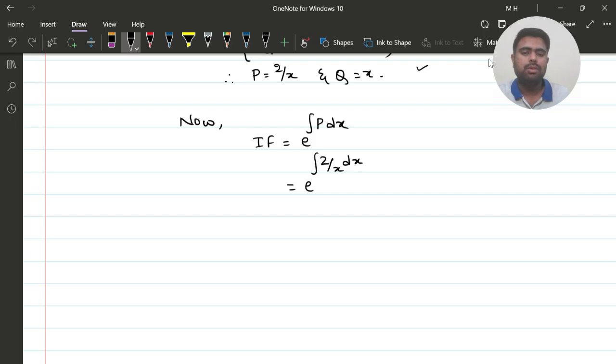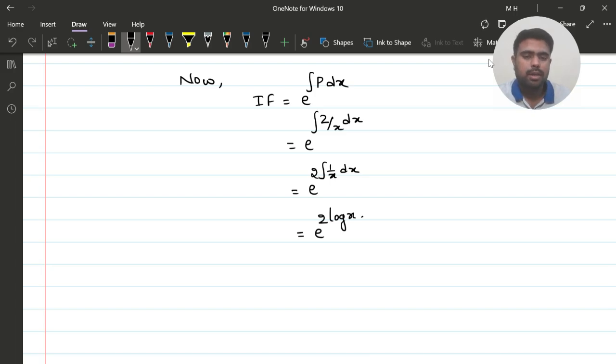So this will give you e raised to 2, taking the constant common, the integral of 1 by x dx. This is equal to e raised to 2 times, what is the integral of 1 by x? Log x. Whenever we write log x in maths, it is always to the base e. So this is equal to e raised to 2 log x, which can be written as log x square. Why?